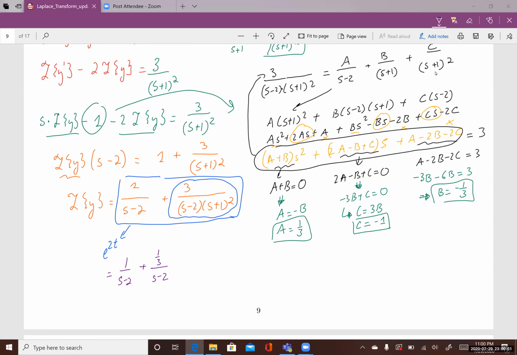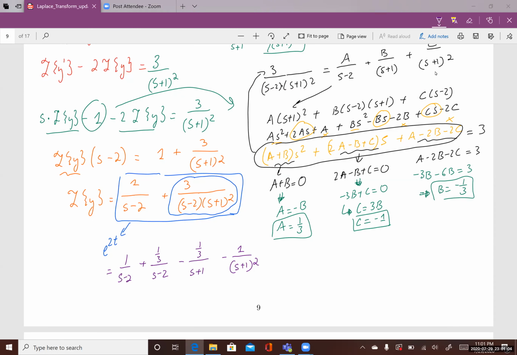B is negative 1/3 times 1 over S plus 1, and C is negative 1 times 1 over (S plus 1) squared. Okay. And then these terms, you can combine them to be 4 over 3 times 1 over S minus 2, minus 1 over 3 times 1 over S plus 1, minus 1 over (S plus 1) squared.